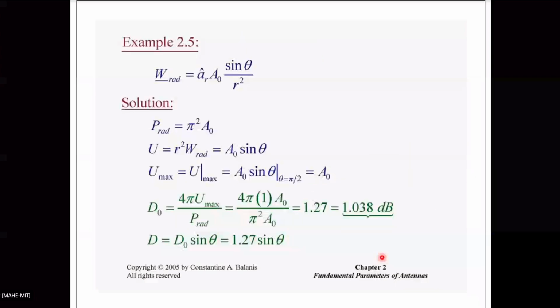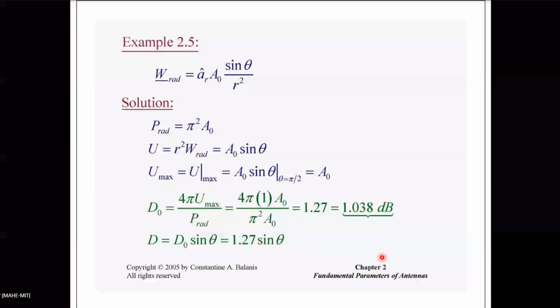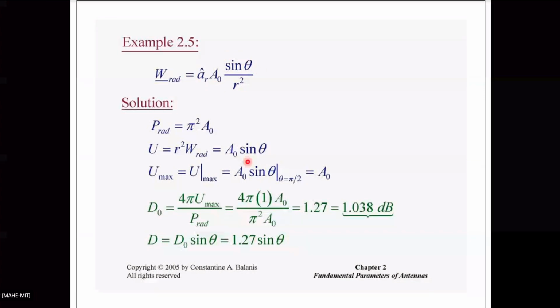So now he has given an example. W_rad is equal to a_r A naught sin theta by r square. Find the directivity. Now how do you find out P_rad? In the last class we have seen this example. You find P_rad from W_rad by integrating W_rad over the elemental area. So we have U equal to r square into W_rad, which is A naught sin theta.